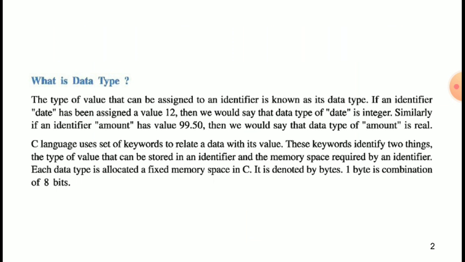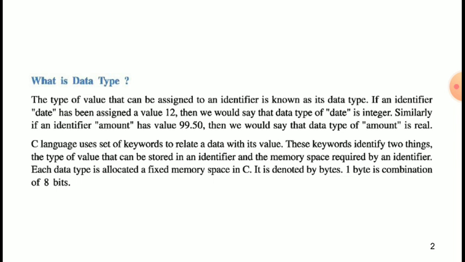First, what is a data type? The type of a value that can be assigned to an identifier is known as its data type. Example, if an identifier date has been assigned a value, then the data type of date is integer.